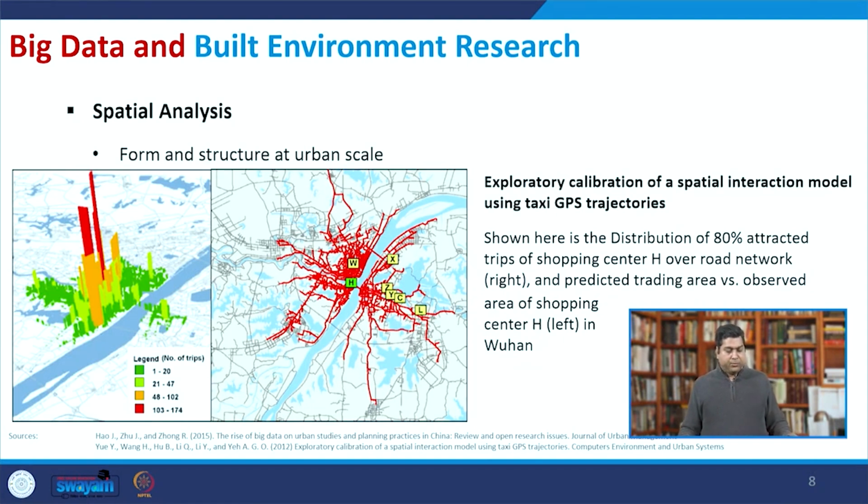If we talk about form and structure at urban scale, in this case study, there is an exploratory calibration of a spatial interaction model using GPS trajectories.